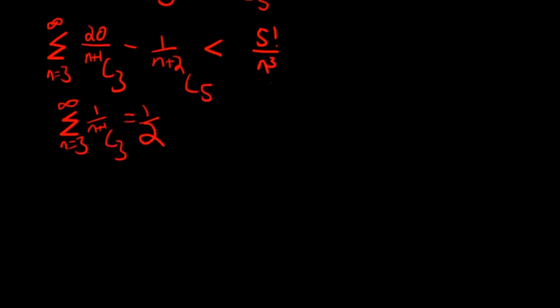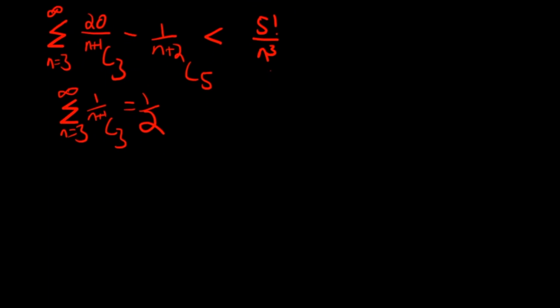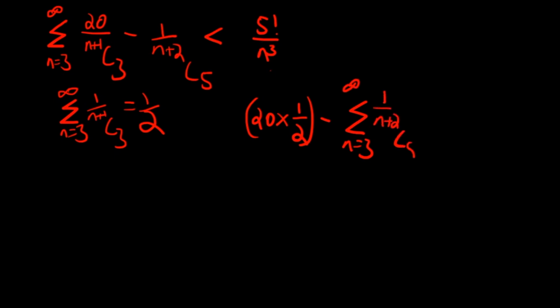So this left-hand side essentially becomes 20 multiplied by a half minus the sum from n equals 3 to infinity of 1 over n plus 2 C5 is less than, sorry, I forgot the sum here, the sum from n equals 3 to infinity of 5 factorial over n cubed.